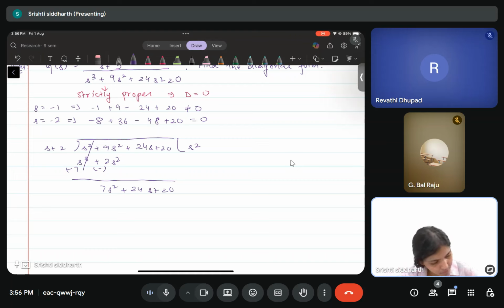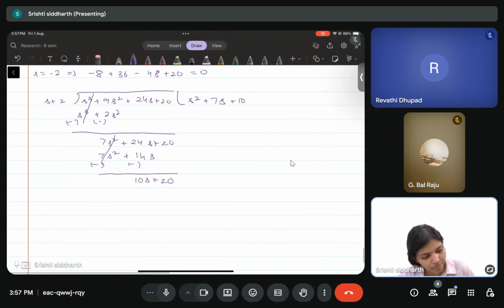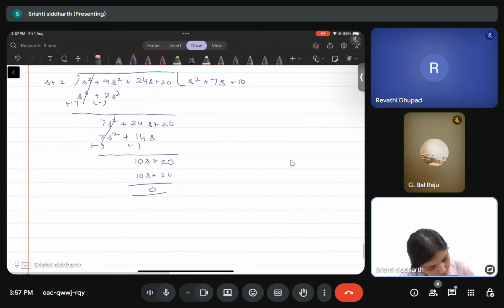Then let's see the 7s. 7s square plus 14s. It's simply 10s plus 20. This is plus 10. Alright. So we have s square plus 7s plus 10.